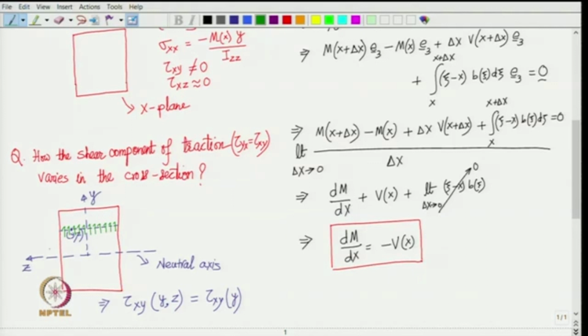If you take a different y line, let us say a line over here, then the shear traction there would be something else. Maybe it is larger, we do not know, which we have to find out.